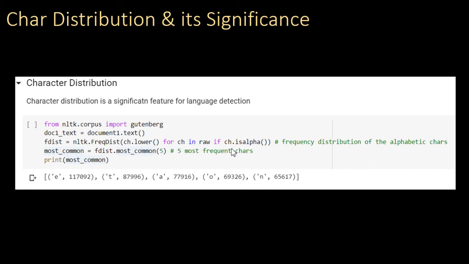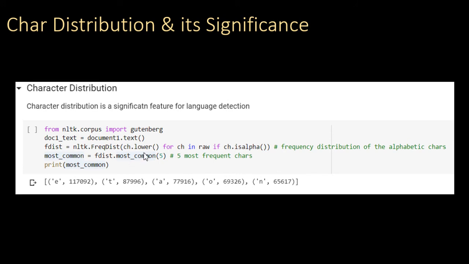We're also only considering the alphabetic characters. We can get the most common characters by using the most common method within the frequency distribution object. In your exercise, you'll see how you can use this to detect languages. By lower characters, I mean to say lowercase characters.